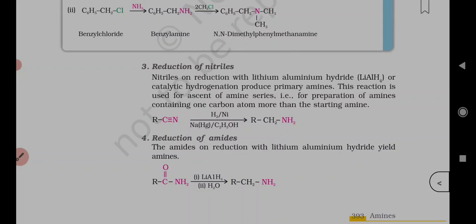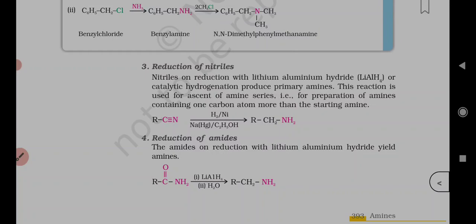So the amine formed contains one carbon less than that present in the amide. Like if the amide is having 2 carbon atoms, then the amine will be having 1 carbon atom, that is 1 carbon less than the amide. RNH2 plus Na2CO3 plus 2 NaBr plus 2 water.